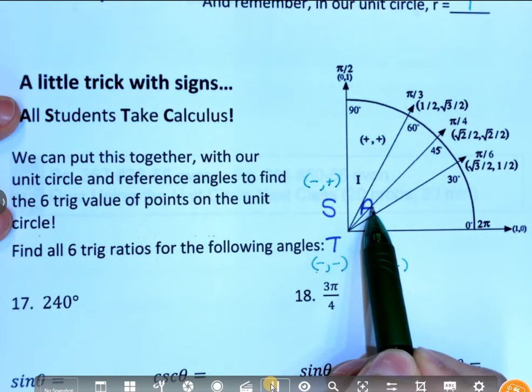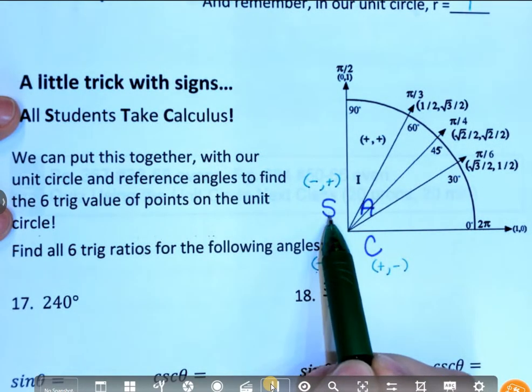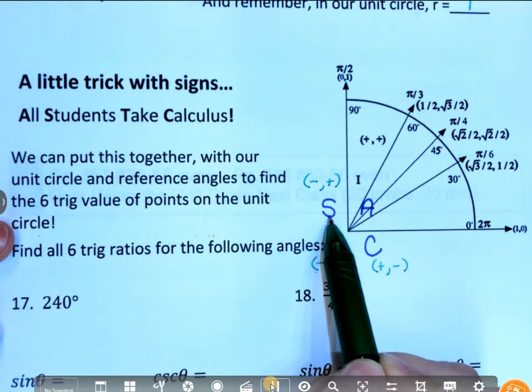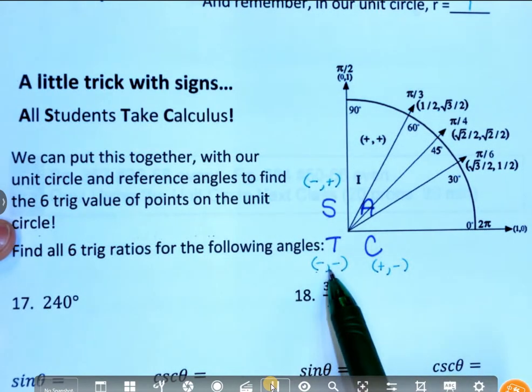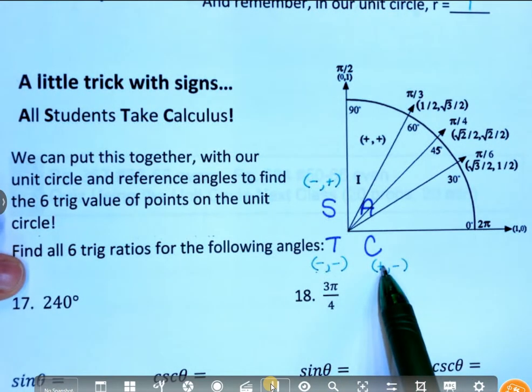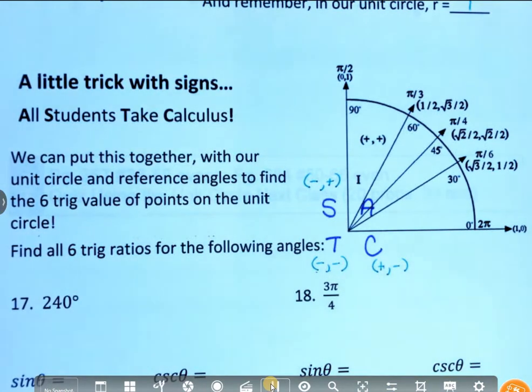Second quadrant, only the sine and its reciprocal are going to be positive. Everything else will be negative. In the third quadrant, t, only tangent and its reciprocal will be positive. And in the fourth quadrant, C, only cosine and its reciprocal will be positive. So how do I put all of this together? Everything that we've talked about.